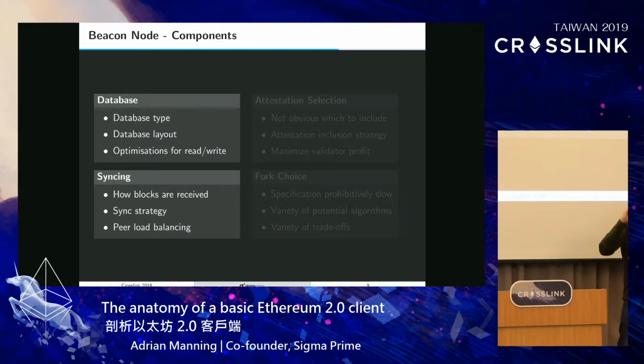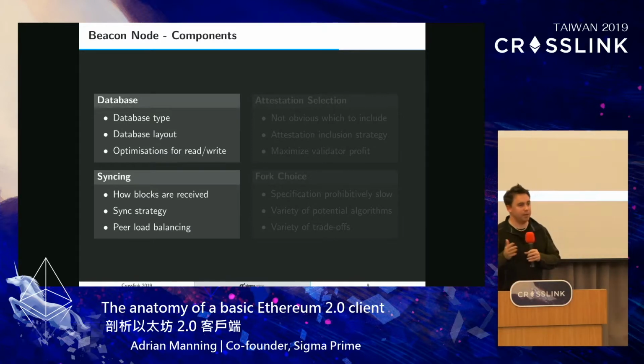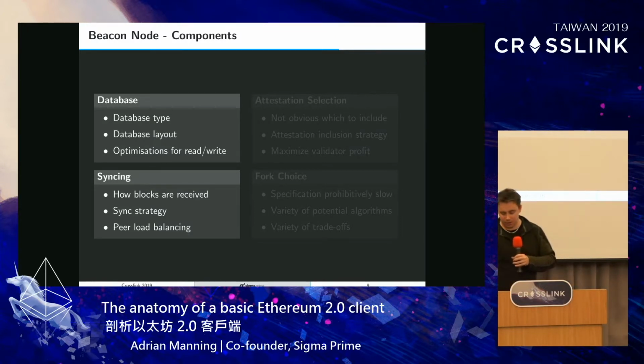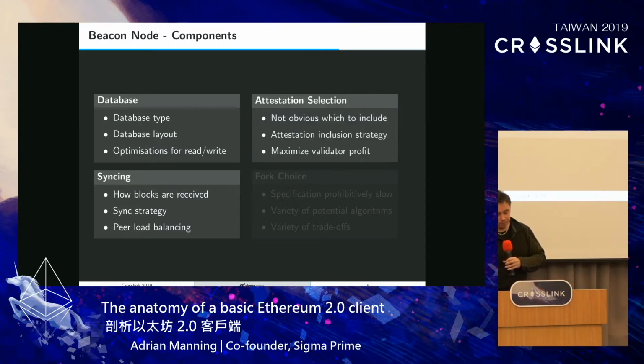You can have optimization guesses, which if they don't work out can be slower. So you'll likely see different syncing strategies across different clients. And the way that we do peer load balancing, so if we want to download blocks from 100 different peers, that's also subjective. So different clients will have different syncing strategies, I imagine.